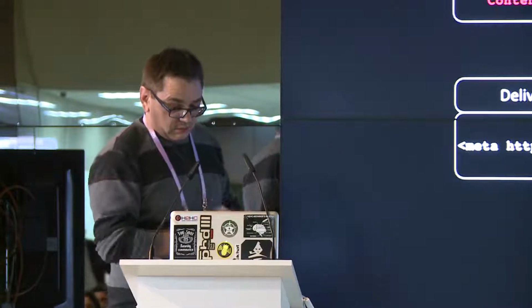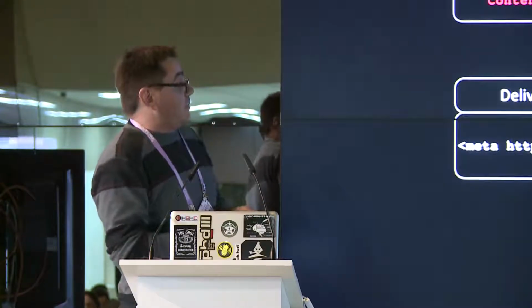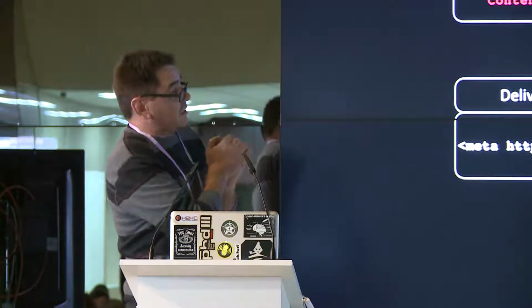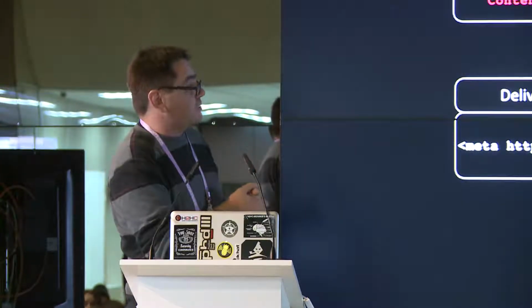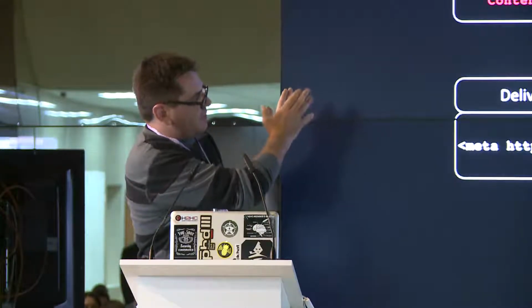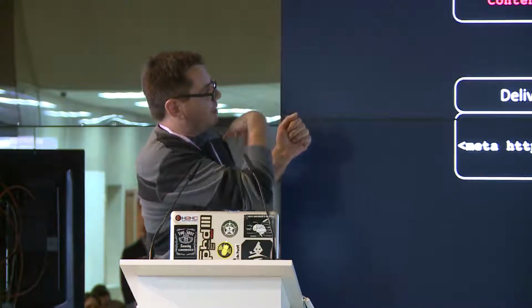Okay, now the actual explanation of what CSP is. It is a string that can be delivered either through an HTTP header or as a meta tag on your page. It's the content security policy header, and it consists of directives and source lists.